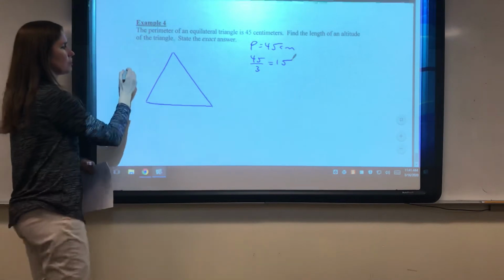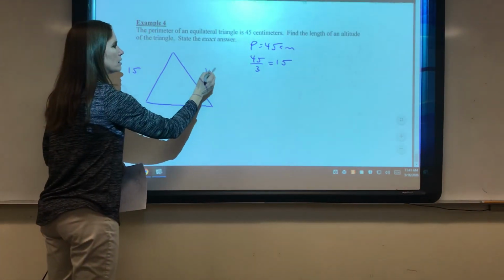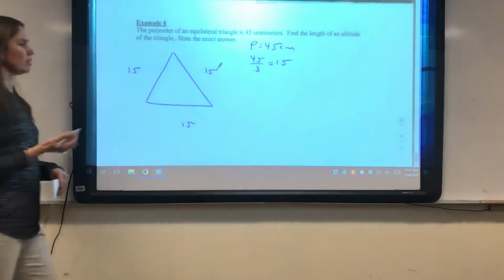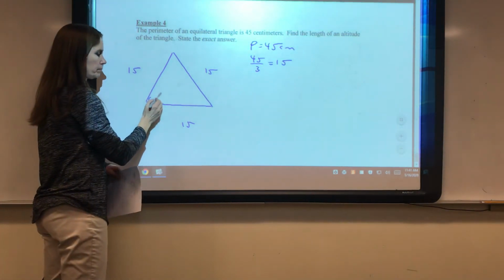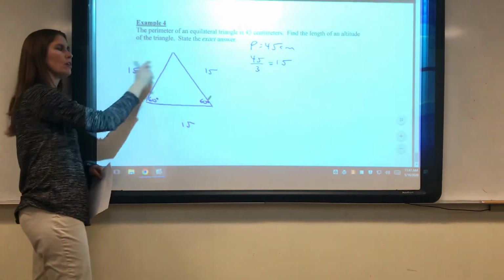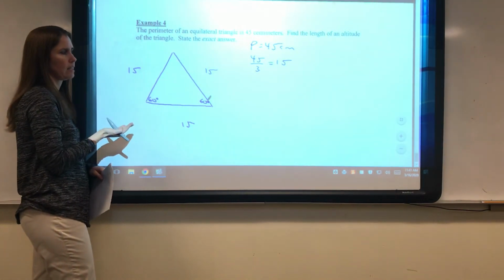Okay, so I know each of these sides are 15. I also know that all of these angles then are 60, because if all the sides are congruent, all the angles are congruent, and they all add up to 180, so they all have to be 60.